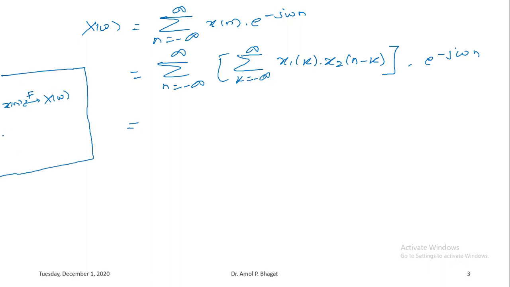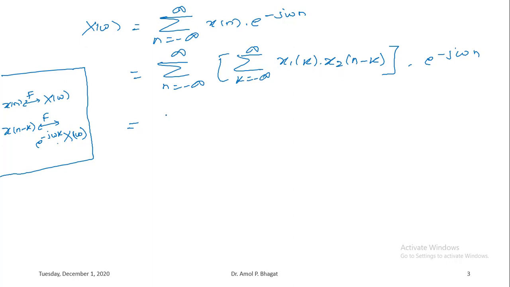So this x of n minus k has the Fourier transform e to the power minus j omega k into X of omega, right?